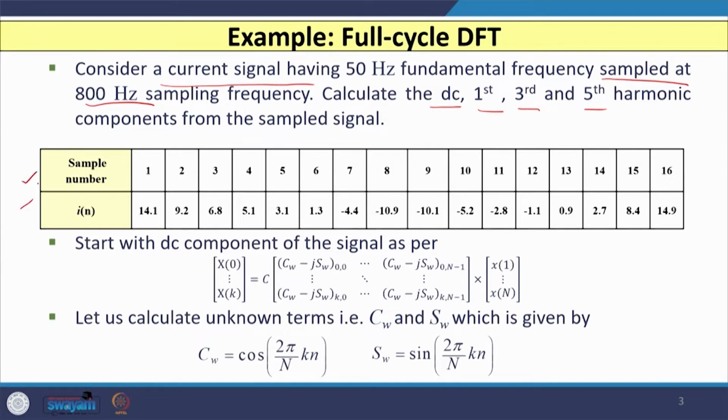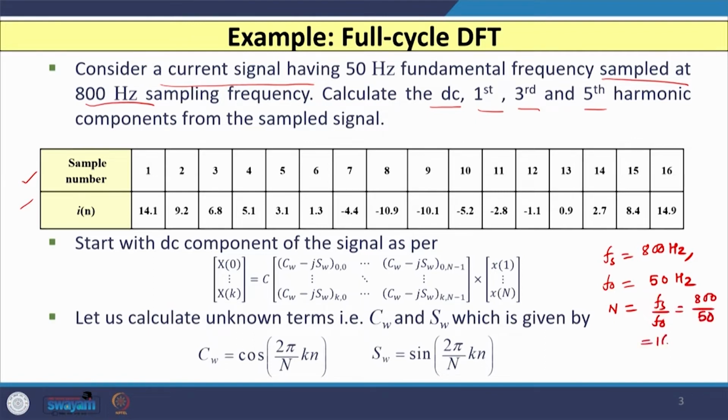Here the first row indicates the sample number, where 16 samples are shown. We have a sampling frequency of 800 hertz and the fundamental frequency of the acquired signal is 50 hertz. So, the number of samples in a cycle, that is capital N, is given by Fs by F0, that is 800 by 50.